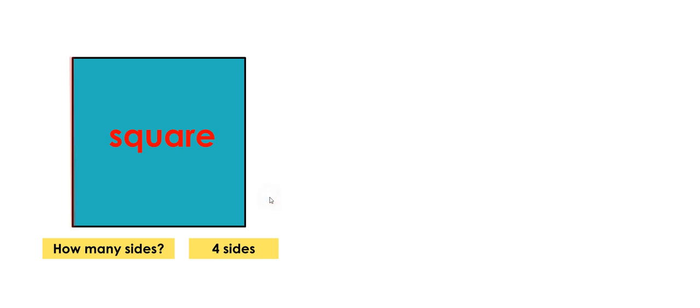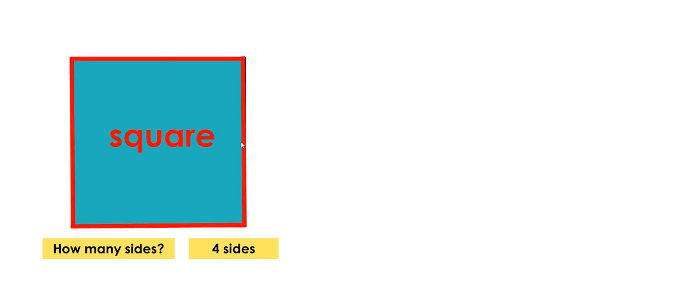Let's see what's next. I think we all know this one. It's a square. How many sides? Can you count the sides? 1, 2, 3, 4. Let's see if we are correct. Yes, a square has 4 sides.